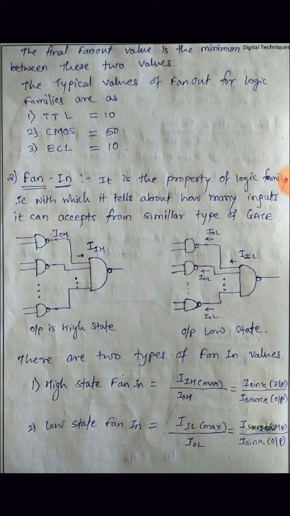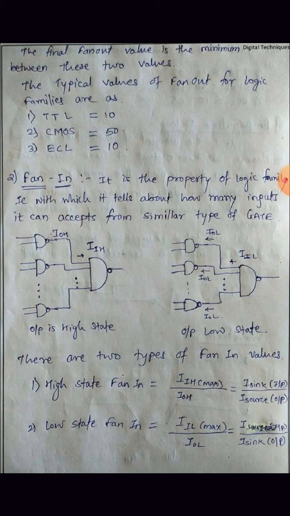Now the second characteristic is fan in. See the definition. It is the property of a logic family IC which tells how many inputs it can accept from a similar type of gate.